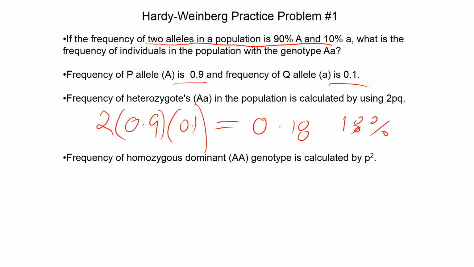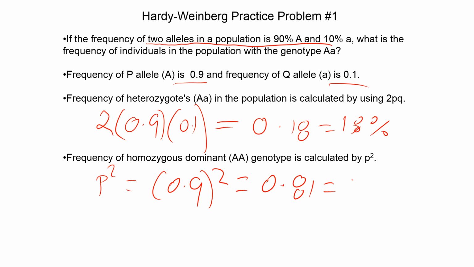Individuals that are homozygous dominant, well, p squared represents the individuals in the population that are homozygous dominant. So here, 0.9 squared gives you 0.81, or 81%.